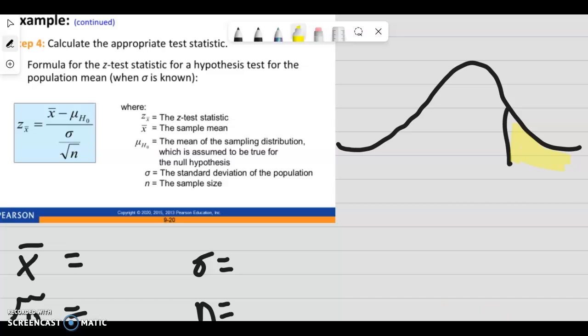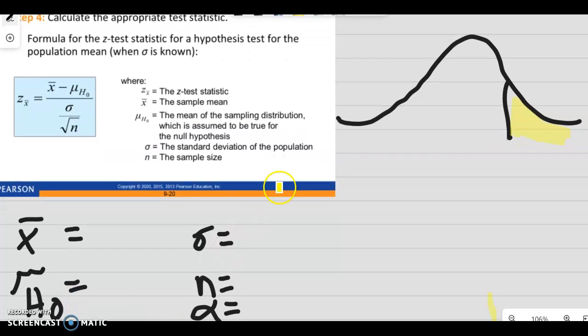So we're going to take all of our information and fill it in. So let me move this down so you can see it. Okay, so let's go through and fill in what we know. So our sample mean is 37.1.